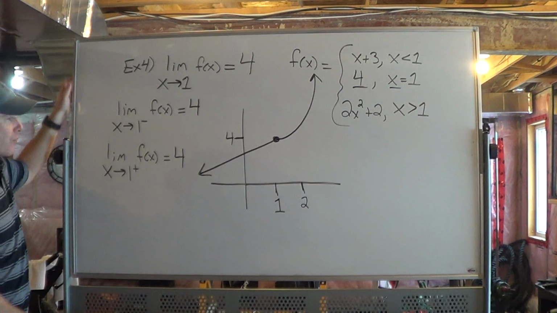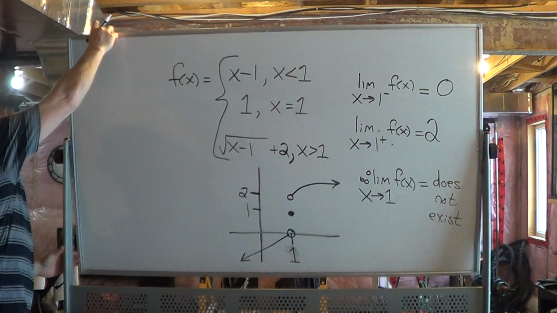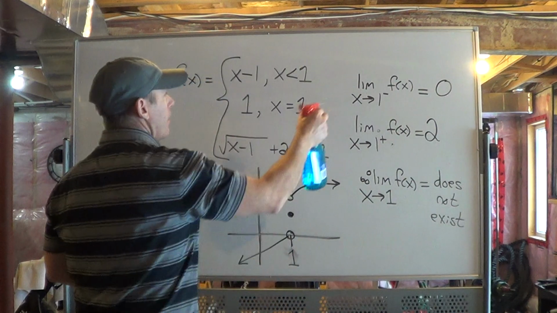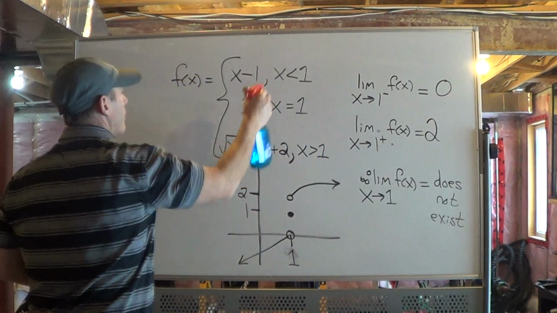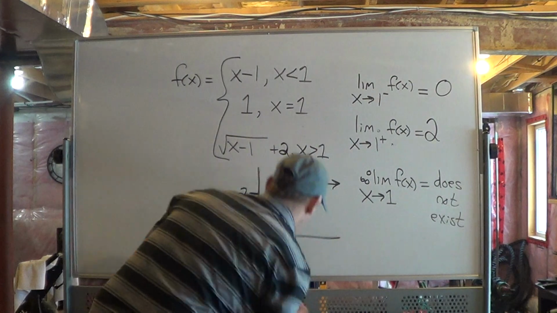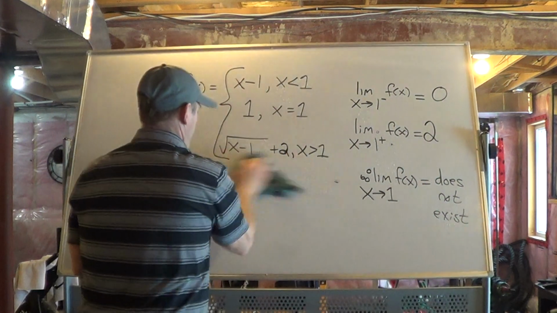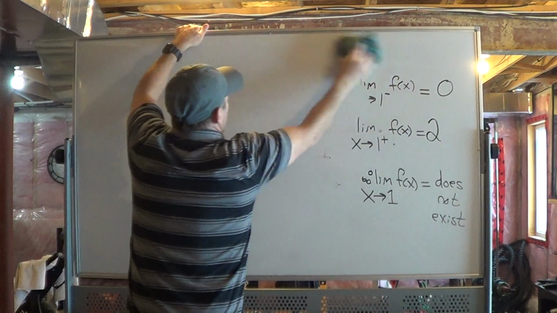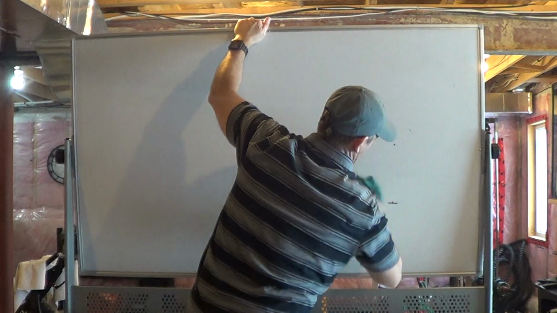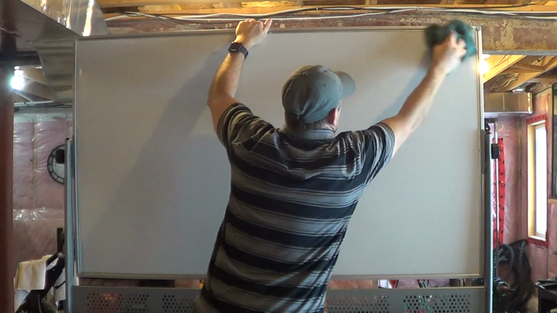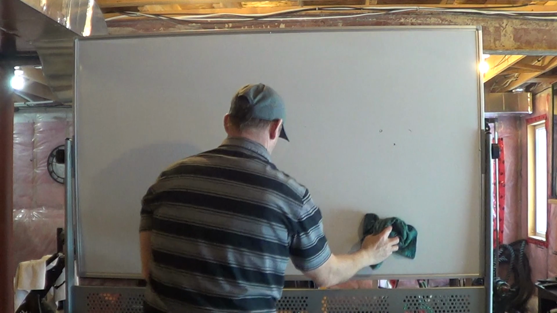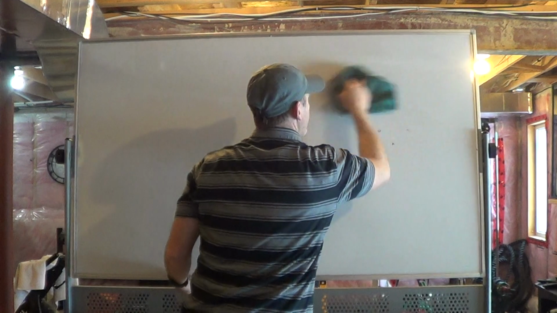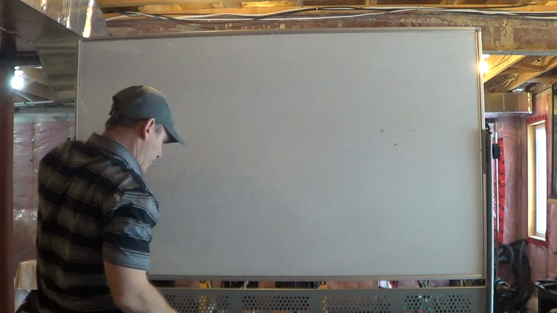Alright, last one. Let's see, you're going to have to brush this off again. Alright, so our next one is a little bit different in that we've got conditions and we're going to have to draw it.